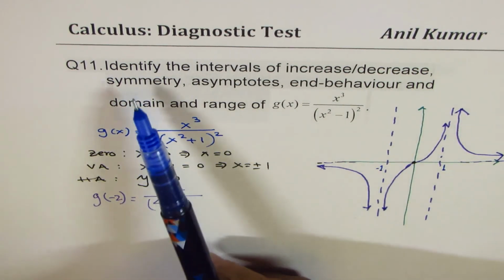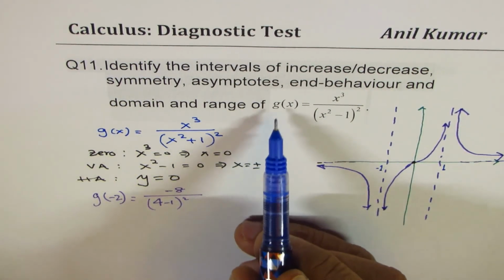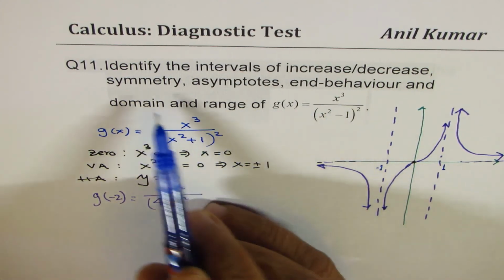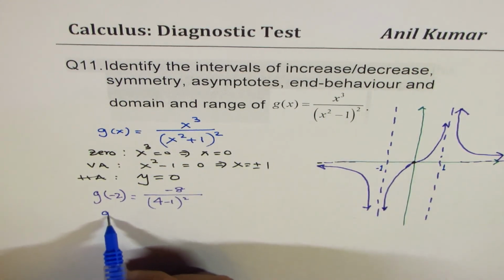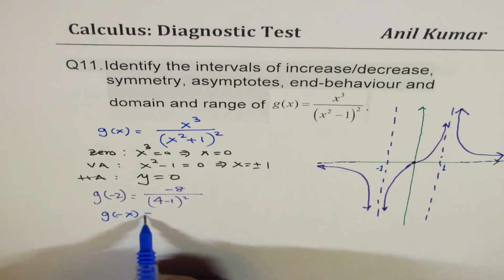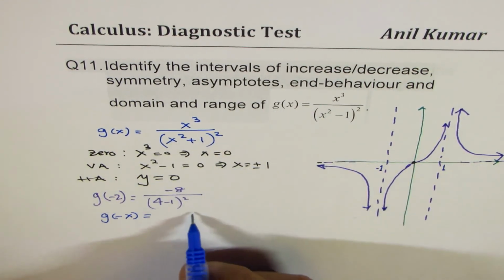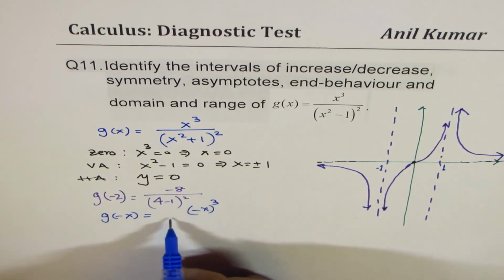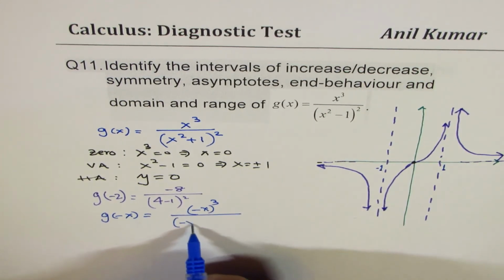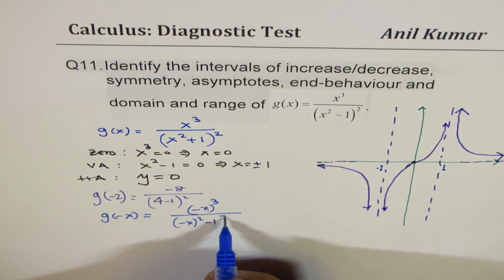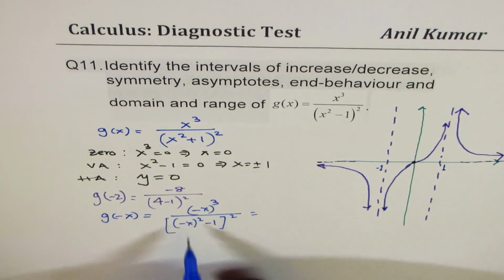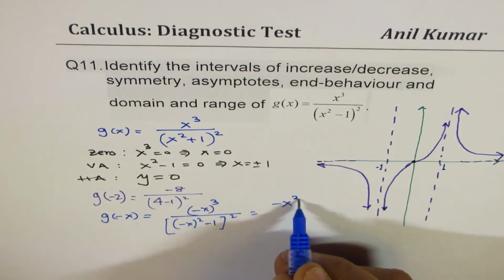Now let me answer symmetry first for you. So when we are talking about symmetry, we really want to figure out what is g of minus x. So if I write minus x here, I get minus x whole cube over minus x whole square minus 1. Everything is squared. And this gives me minus x cube.